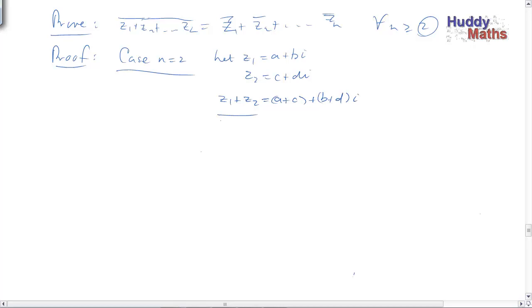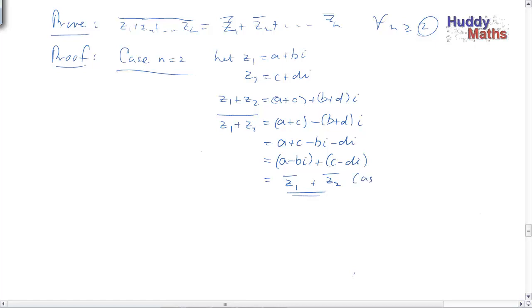But the conjugate of that sum is a plus c minus (b plus d)i, and this was an example from the textbook. And if we regroup this, a plus c minus bi minus di, which is a minus bi, we'll just package them up like this, plus c minus di, which is equal to the conjugate of z1 plus the conjugate of z2 as required.